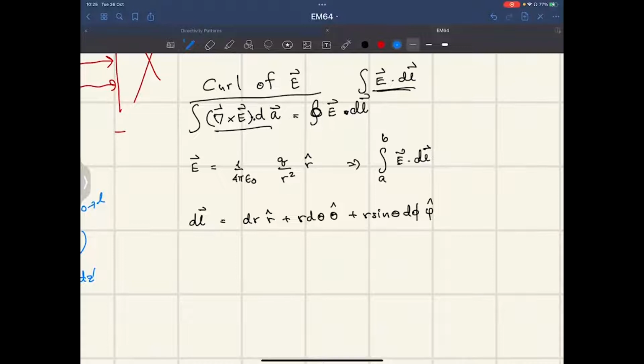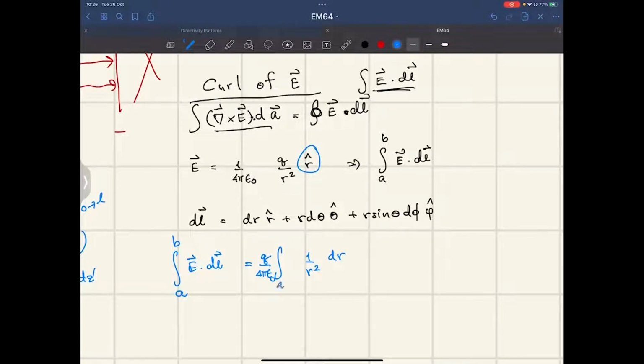So the line integral of E field from A to B, because our E field is only in the R direction, so we will have this. Any questions?